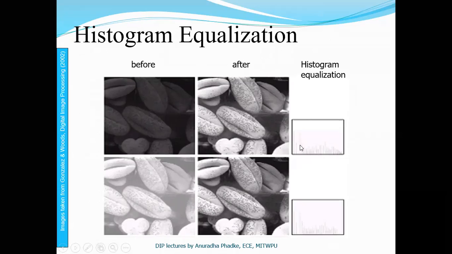If you look at the histogram of the equalized image, you can observe that previously the original histogram was concentrated in the lower 1/3 portion, but the resultant histogram is distributed over the entire available range. Similarly, for this image, the original histogram was concentrated in the upper 1/3 portion, and after histogram equalization it is spread over the entire dynamic range approximately equally, and the resultant effect is that the contrast of the image is improved.